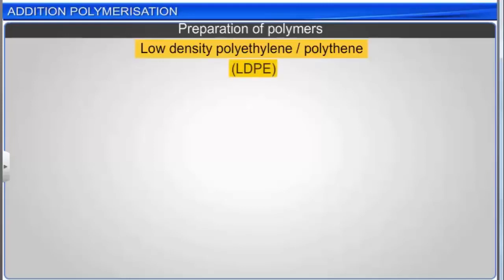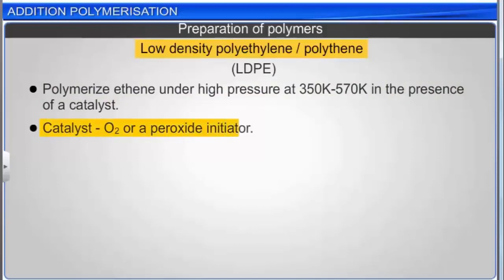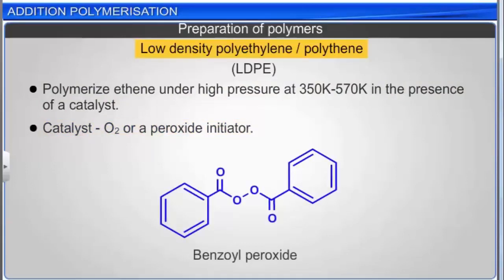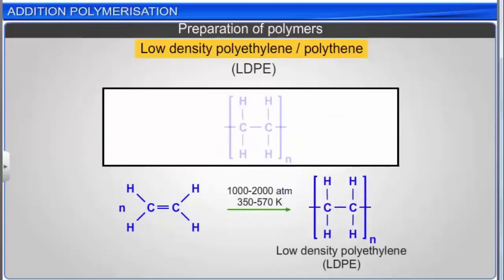To obtain LDPE, it is necessary to polymerize ethene under high pressure in a temperature range of 350 to 570 Kelvin in the presence of a catalyst. Typically, either oxygen or a peroxide initiator, such as benzoyl peroxide, is used as a catalyst. The equation shown here represents the polymerization reaction to form LDPE.